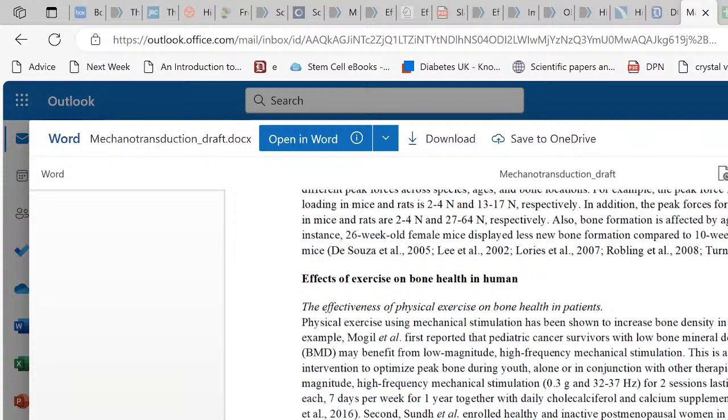Diacylglycerol is the activator of PKC, the conventional or the novel. DAG diffuses around the plasma membrane. It is hydrophobic. The calcium released by IP3 binds to the C2 region of PKC, whereas the DAG, this blue thing, will anchor the C1 domain towards the plasma membrane.